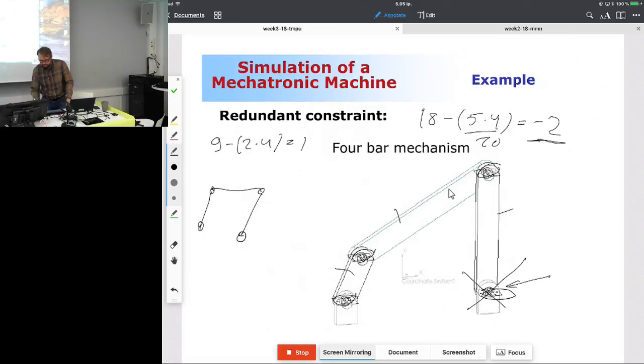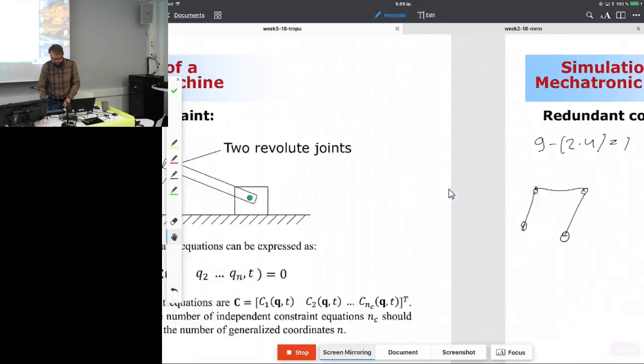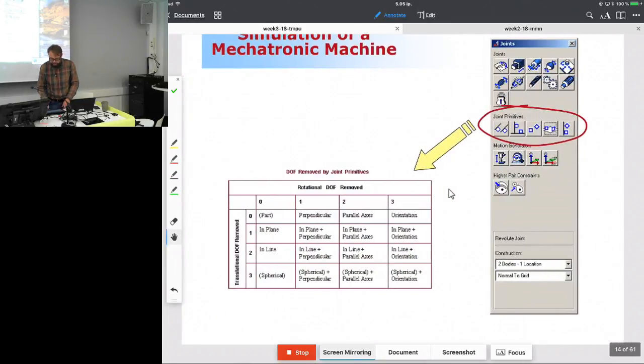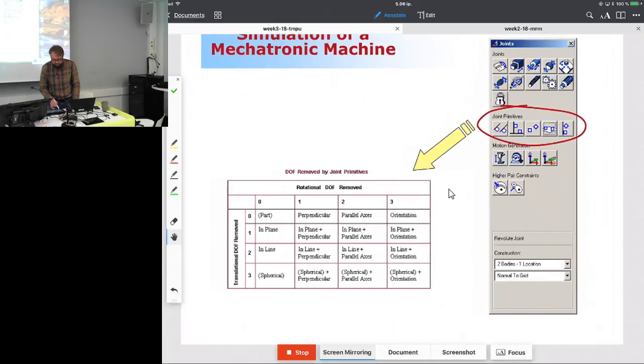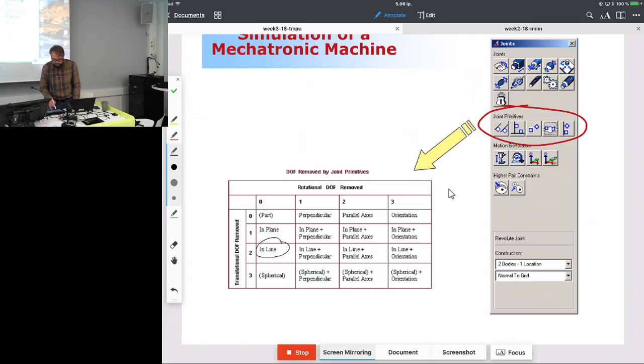Okay, let's go back and check the inline primitive joint. Here, inline primitive. So it's 2 constraints. Let's go back and compute it again.